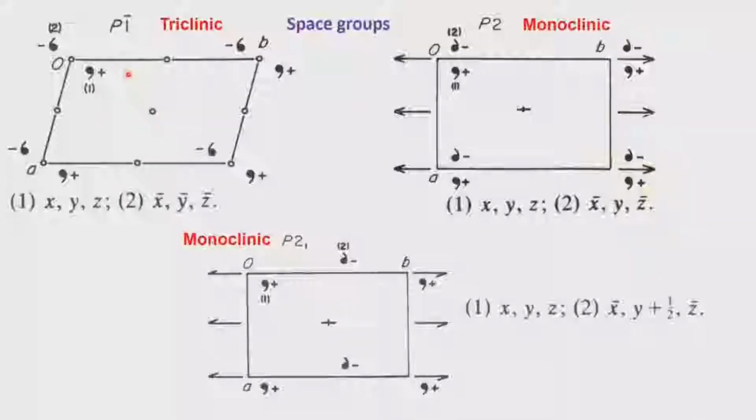No other relationships are possible, and so there is no point in indicating the diagram for P1, even though the International Tables for Crystallography will also list P1 as the first space group. When we go to the discussion on the International Tables for Crystallography, we will look at the possibility of P1 as well.